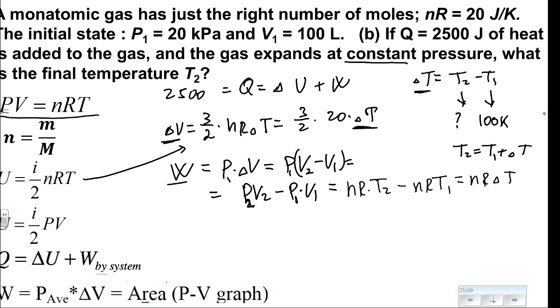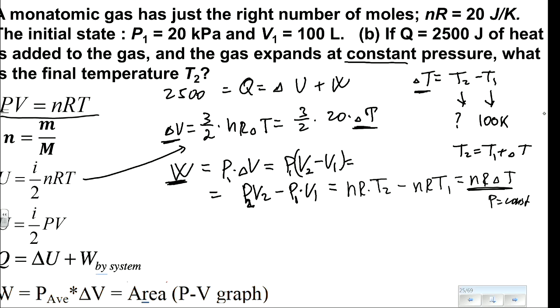This is also worth remembering. For the process with constant pressure, in addition to the equation P delta V, we always can use an equation nR delta T, only when pressure remains constant.